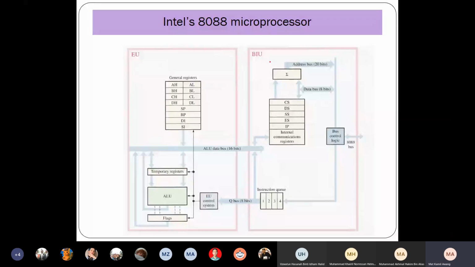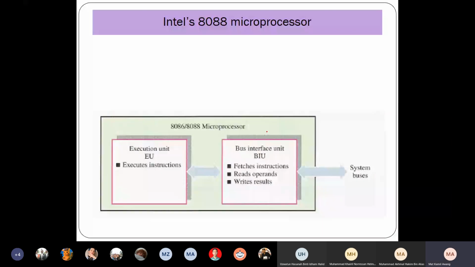Under the BIU, you have the summer, and CS, DS, SS, ES, IP, the internal communication register, which controls the communication to fetch instructions, read and write.